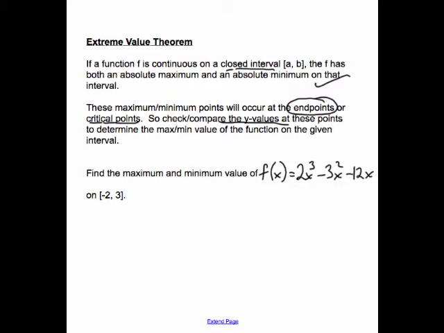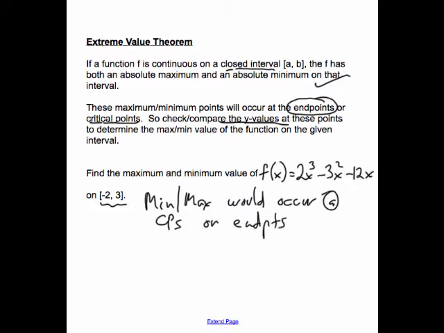Alright, here's a function. We have a cubic function, and we're only looking at the interval -2 to 3. It's a closed interval. So where would the max or mins occur? They would occur at critical points or endpoints.